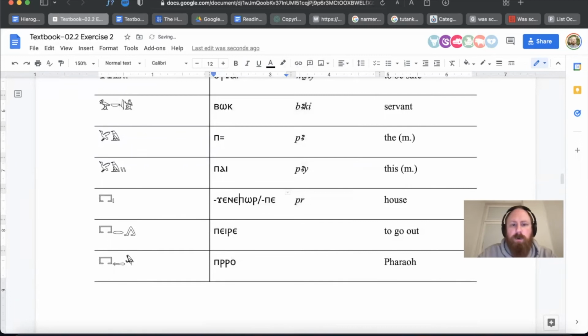Literally head of house, roof, and somehow the R gets preserved. I don't really know how. It also survives in the word erpe, the later Egyptian word for temple, which is like mouth of the house. It survives as just pe there. So you can see the loss of the final R, which is typical, and you can see a case that mysteriously preserves the final R in the word genepor.